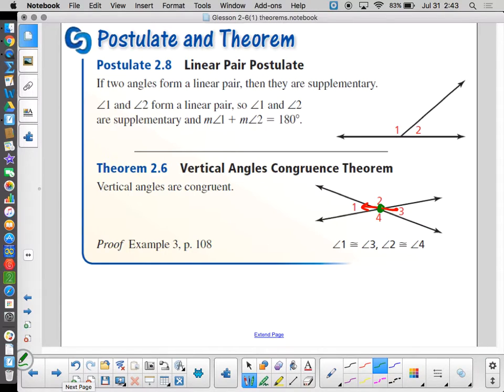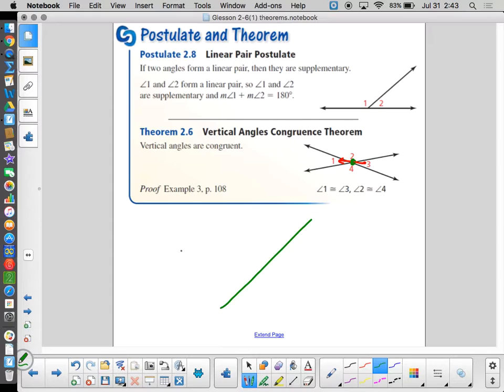And again, the proof is on page 108. It's fairly obvious. I can run you through it pretty quickly. Not in full 2-column format, but if this angle is x, then this angle has to be 180 minus x, because they're linear pairs. They have to add up to 180.